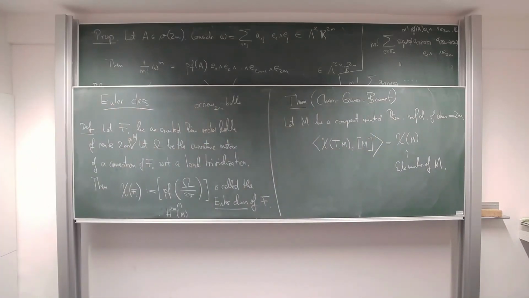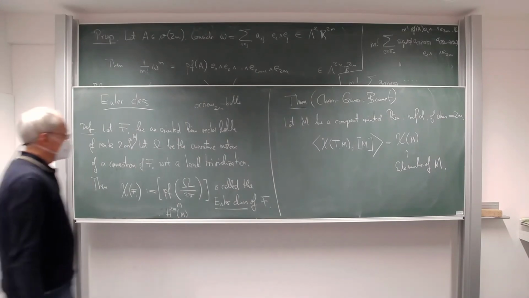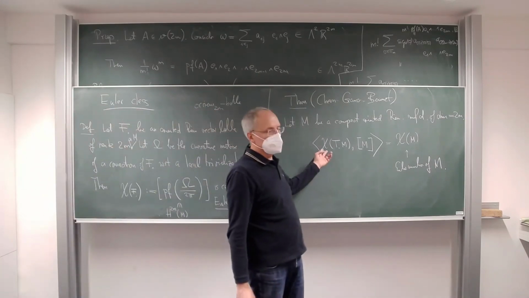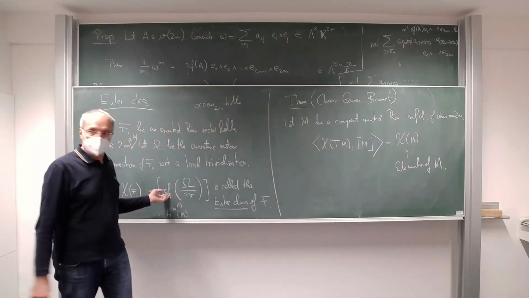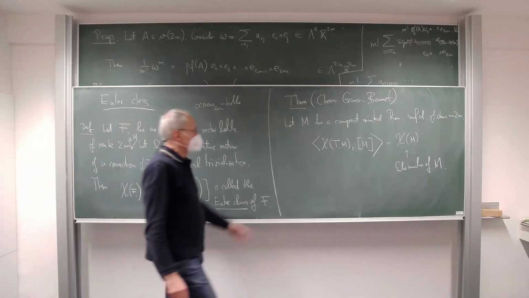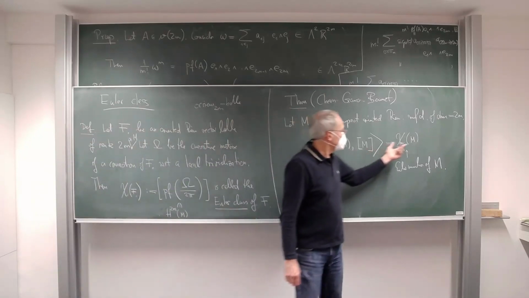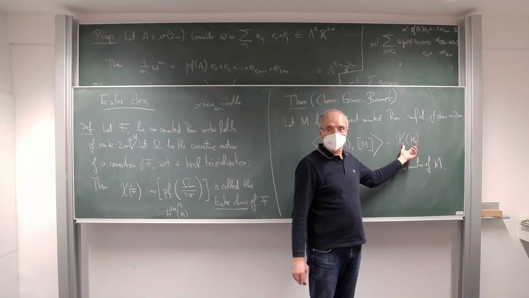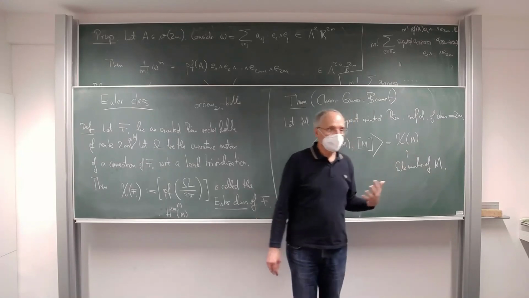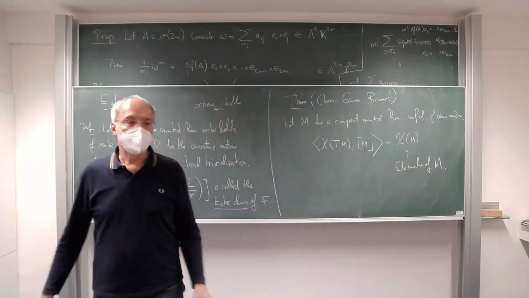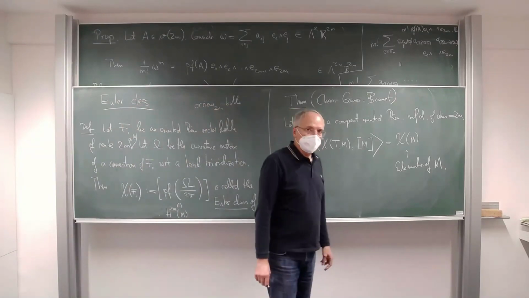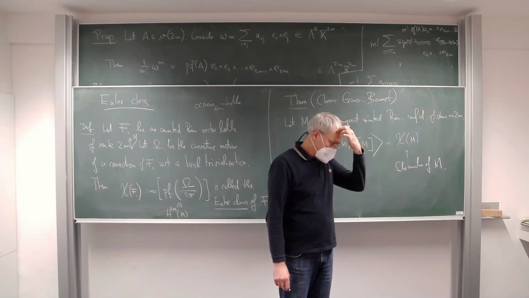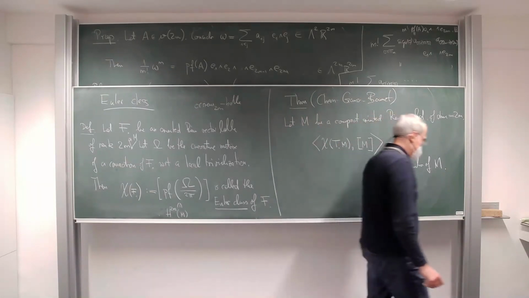Now you could say, well, that's nice, but how about odd dimensions? In odd dimensions, we don't have an Euler class, or we have one, if you will, because then the Pfaffian is 0. And then certainly this will be 0. But indeed, the Euler number of M is also always 0 in odd dimensions. A compact manifold of odd dimension always has Euler number 0. You can see this actually from Poincaré duality, for example.